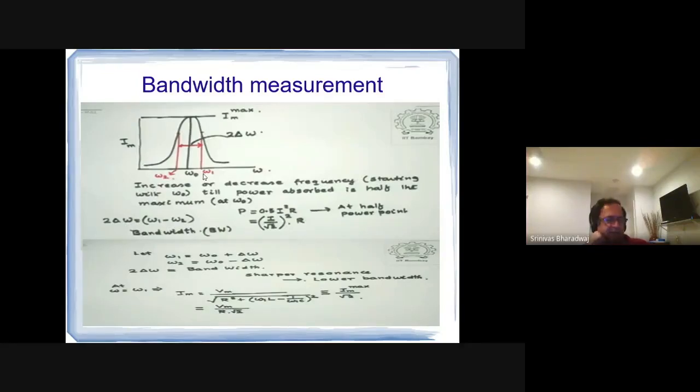Well, let me explain to you, not in the context of AC circuits, but in the context of the radio, right? Radio, when you twiddle the knob, it is changing frequency, right? So now, within a small band, you want it to maximally absorb. I don't want the sound from the neighboring radio station, or noise from something else.